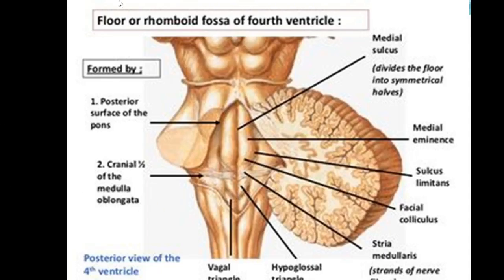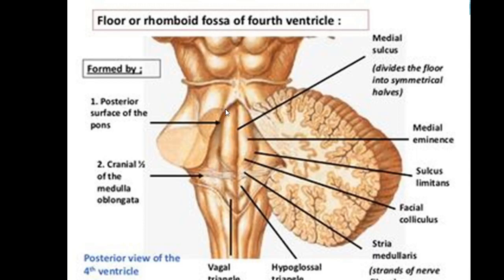Here, in this diagram of the floor of the fourth ventricle, you can see a median sulcus which divides the area into two halves.